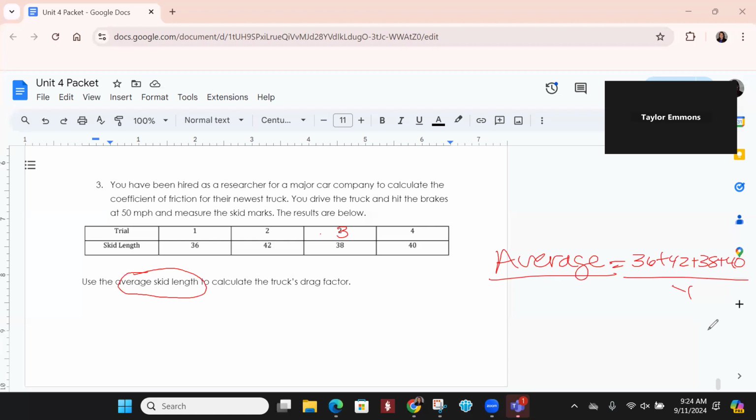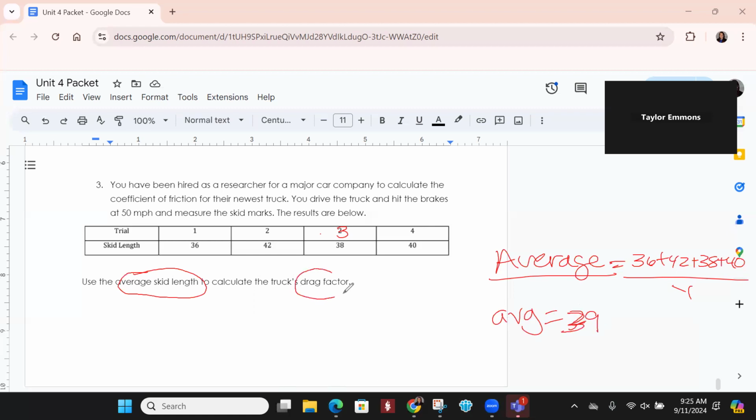Tell me what your average is. 39. Okay, so the average is 39.